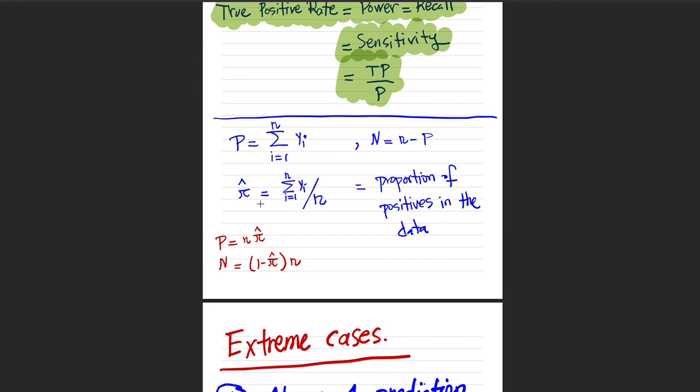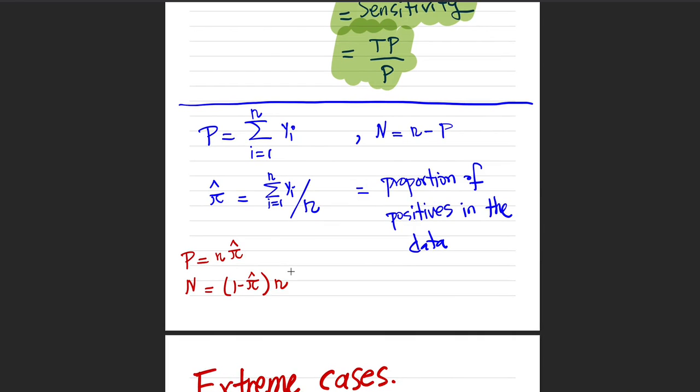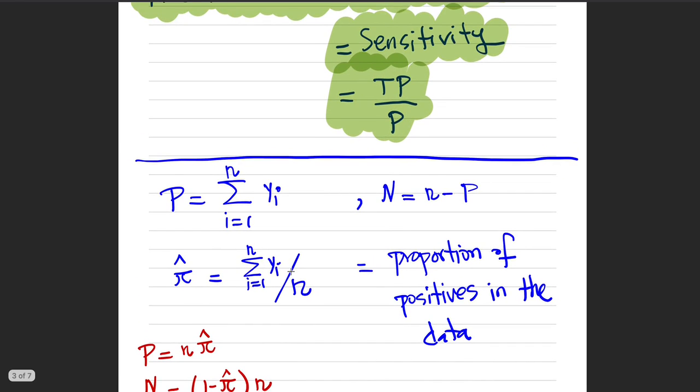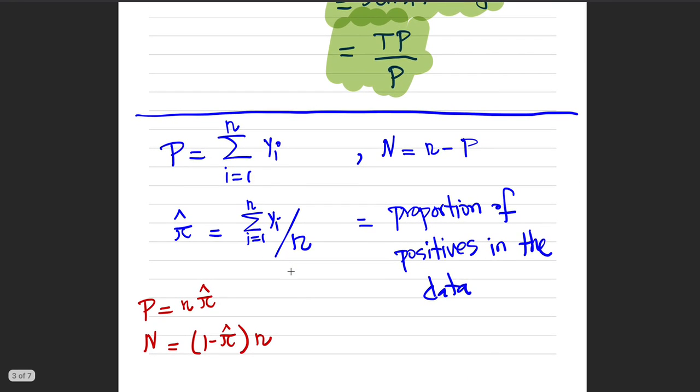And then we can just look at the proportion of positives in the data, which is just the sum of yi's, assuming yi is either 0 or 1, divided by the total number of observations we have. So simply we can write that positives is n pi hat and negatives is 1 minus pi hat times n. This will be useful in looking at some extreme cases.